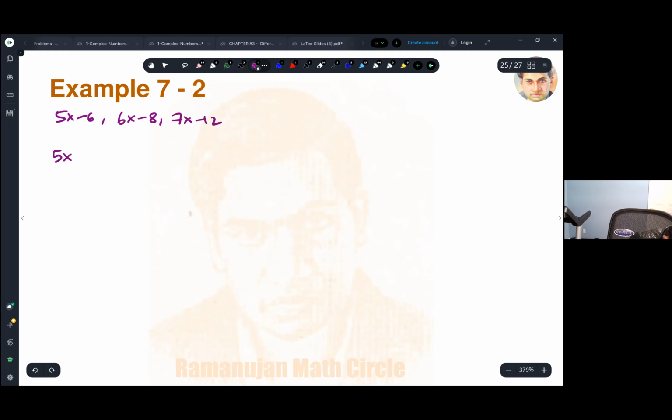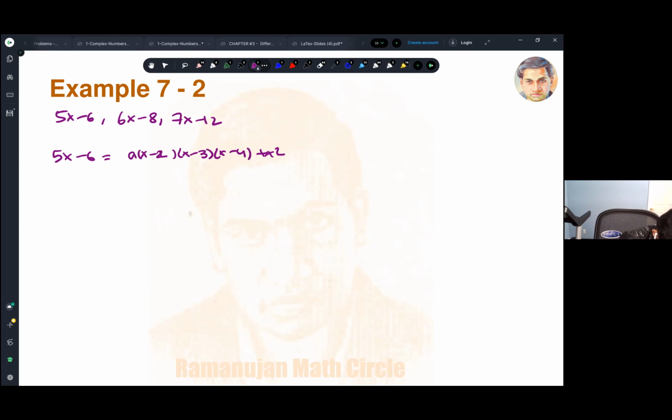So 5x minus 6 is equal to a times x minus 2, x minus 3, x minus 4, and then plus x squared. So what we can do is move x squared over, giving x squared minus 5x plus 6.